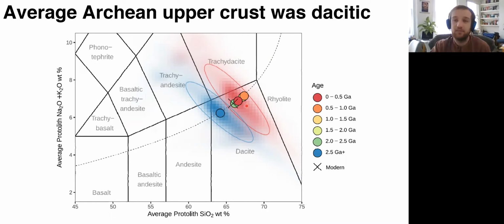So I know people have produced estimates of the total composition of the crust, and on average, I think it's an andesite in general. So some of these calculations put it down here. The reason I don't use it is not that I don't believe it, I just think it's not constrained enough by data to really meaningfully compare it to this value, which is very data driven.